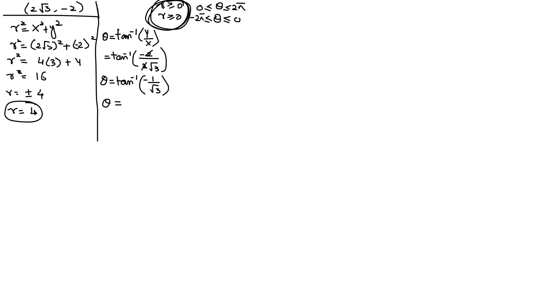Minus 30. Okay, Hamad, tell me, does minus 30 lie in between 0 and 2 pi? Yes or no? No. Okay, so it means there must be another point which satisfies this. You calculate 30, which is minus 30.